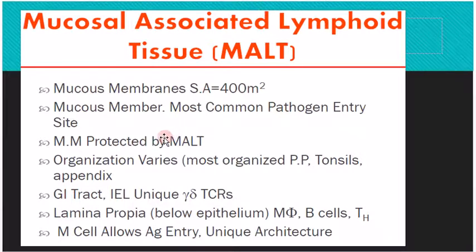Mucosals, this is MALT, GALT, and these are some of the things given here, showing how they try to protect the body parts. For example, the mucosal associated tissue is very important for us, because we eat anything we like, and the foreign particles go along with the food and reach the stomach and the small intestine, where these mucosal lymphoid tissues are present.